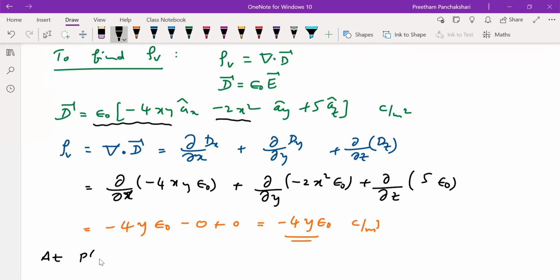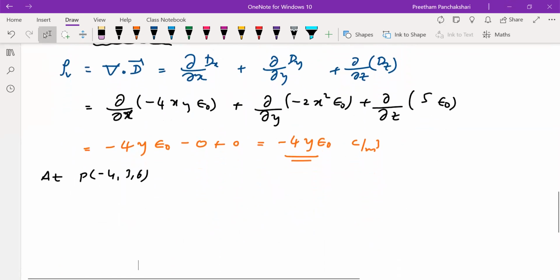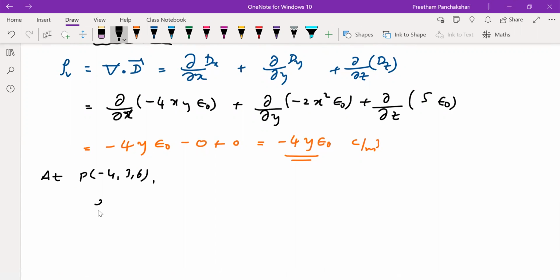At point P, the volume charge density is given by minus 4, y value 3, into epsilon naught. This is going to be minus 12 epsilon naught.